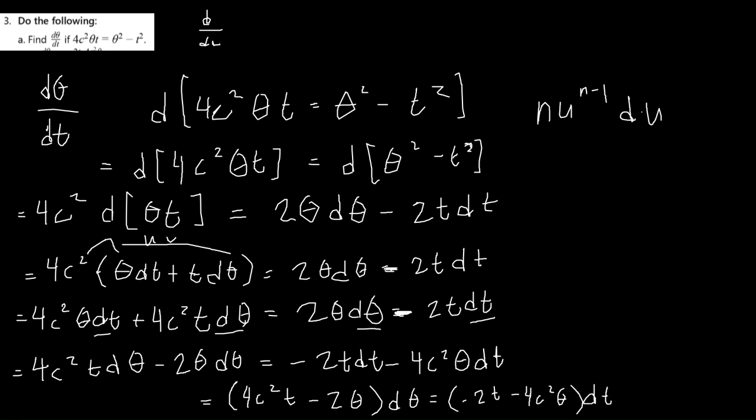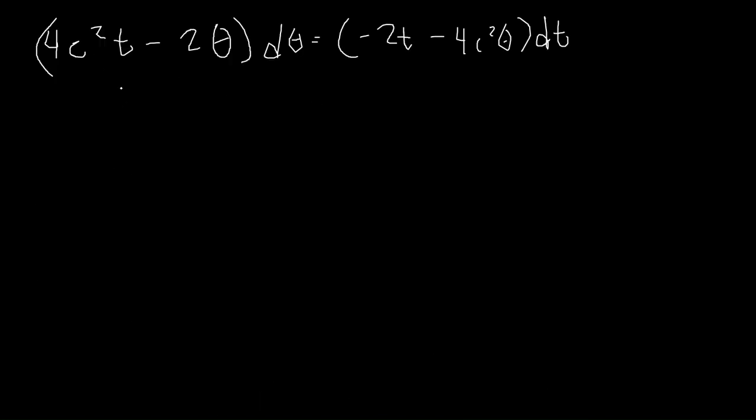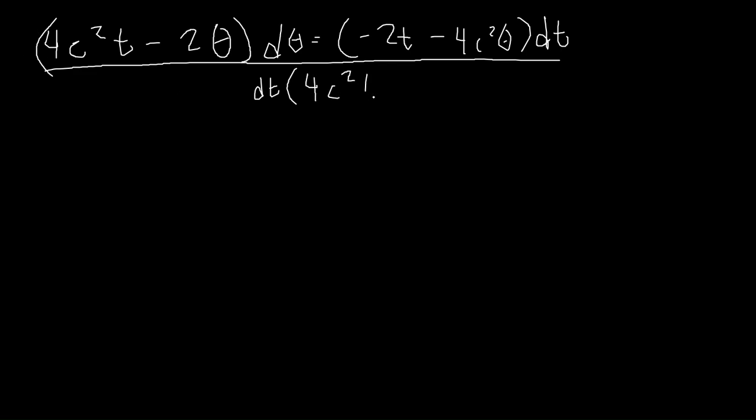So we're supposed to find d theta over dt. So all we have to do actually is, now that you factored them out, we will just divide the whole thing by dt times 4c squared t minus 2 theta, so that it becomes in terms of dt.